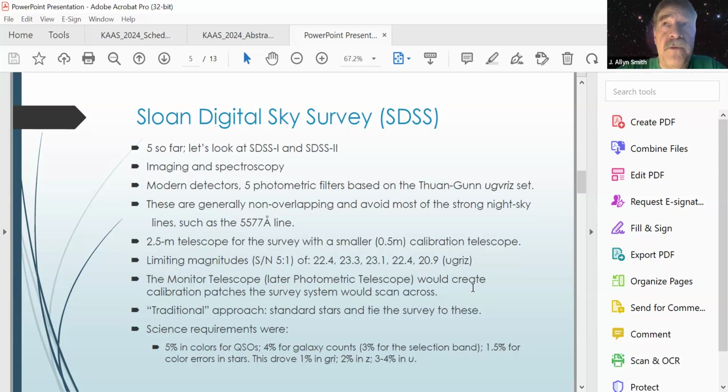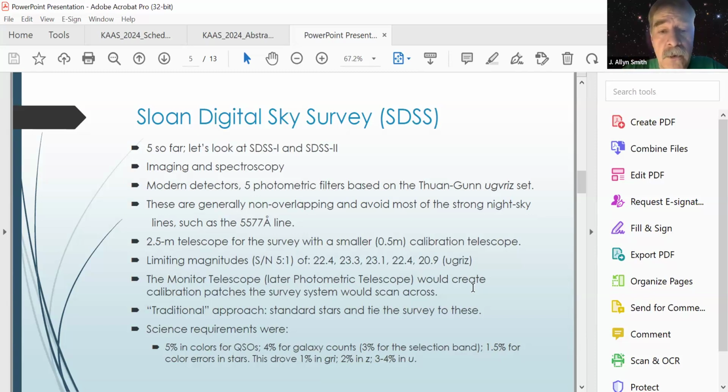The science requirements actually got in here, and we started looking at what we need in the end to do the science we needed, and some are listed here. We need 5% in colors in quasars, 4% for galaxy counts, 3% photometry in the selection band for the galaxies, and 1.5% color errors for the stars.